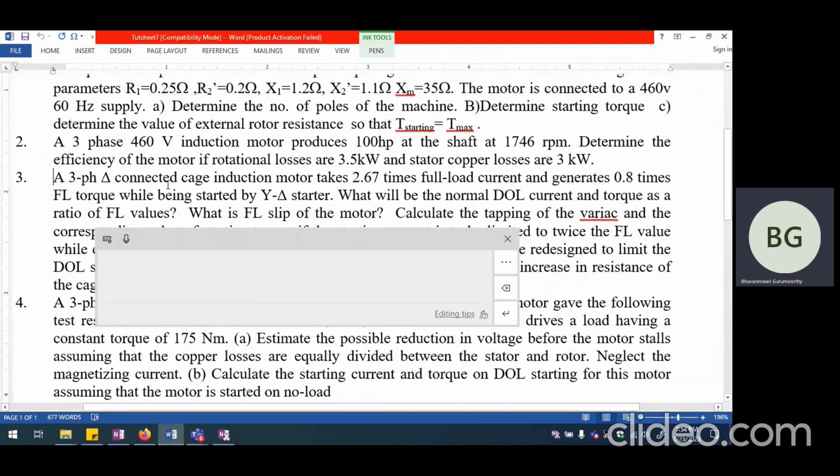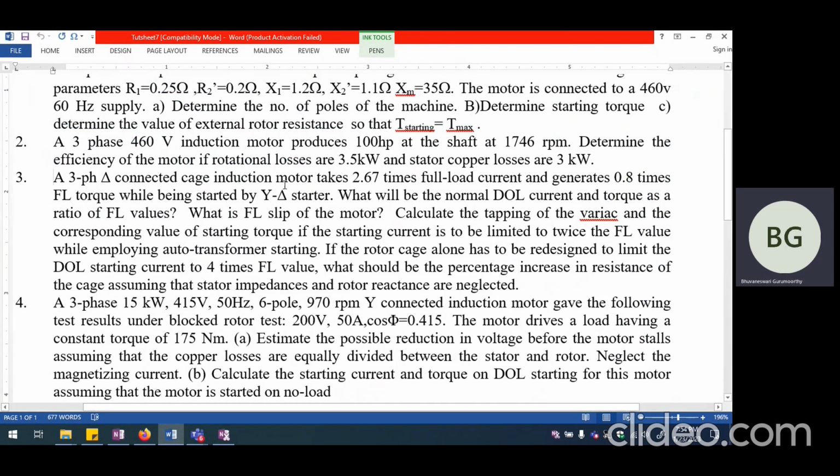This is a 3-phase delta connected cage induction motor. It takes 2.67 times full load current and generates 0.8 times full load torque while being started by a star-delta starter. So let me first of all write that clearly.